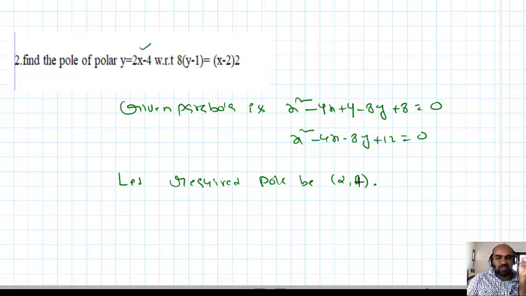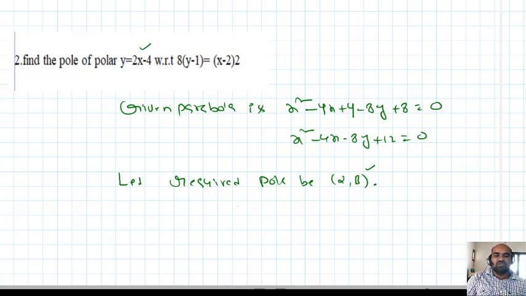How to solve this problem? That is interesting. With respect to this pole, find the polar for this parabola, and the resulting polar and given polar are identical lines. From there we will get the values of alpha and beta.